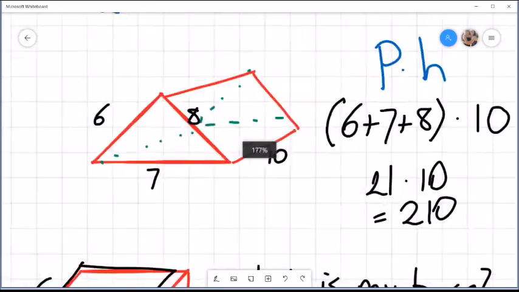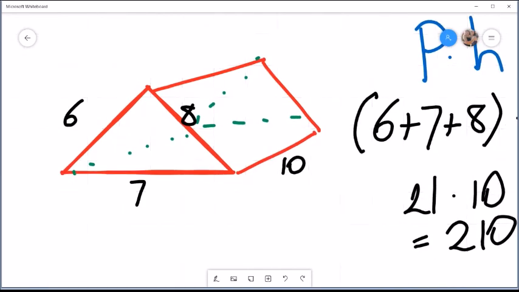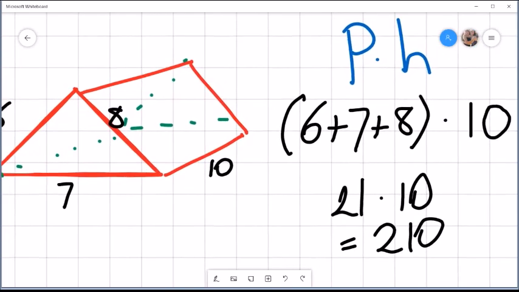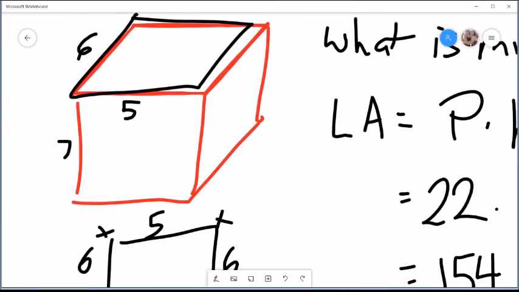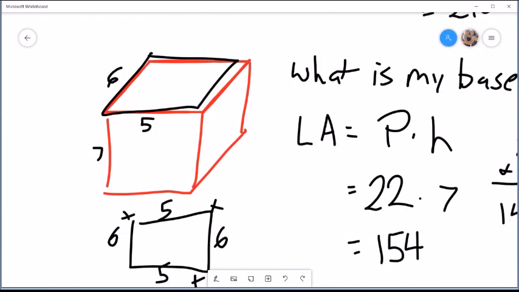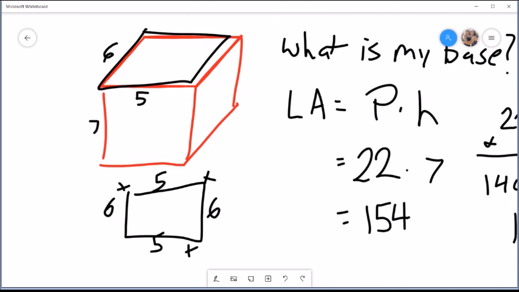So in this case of this triangle, our base was 6 plus 7 plus 8 times the height of 10. And in this rectangular prism, we chose the top to be the base. So then we had to do 6 plus 5 plus 6 plus 5. And that gave us a perimeter of 22. And then our height of 7, we multiplied to get 154.